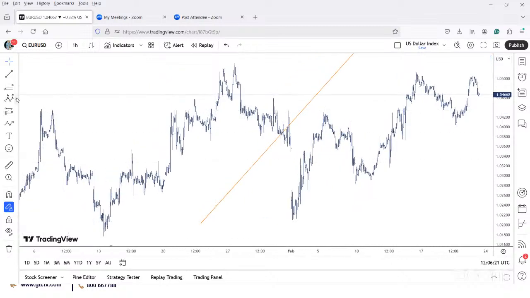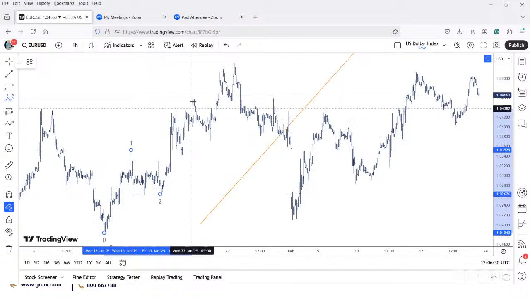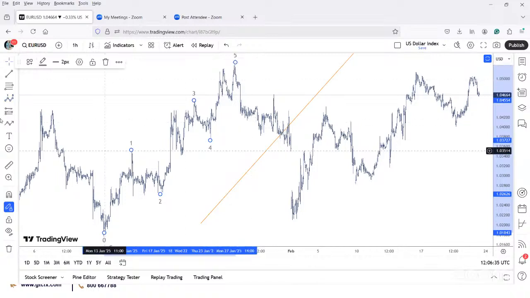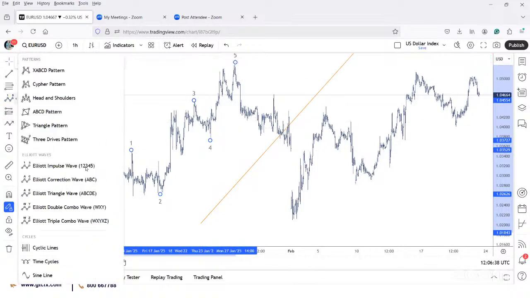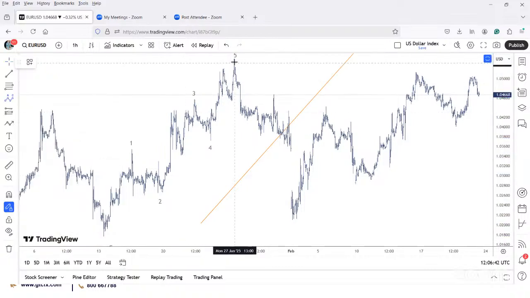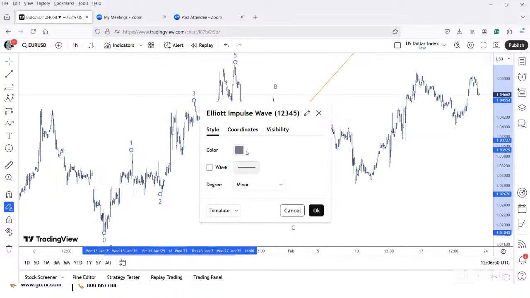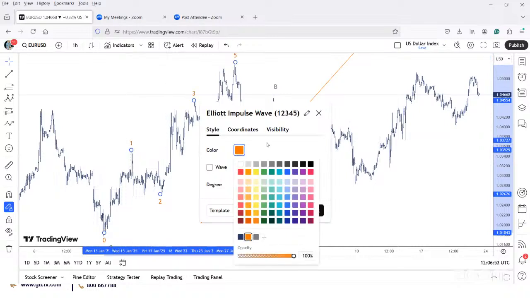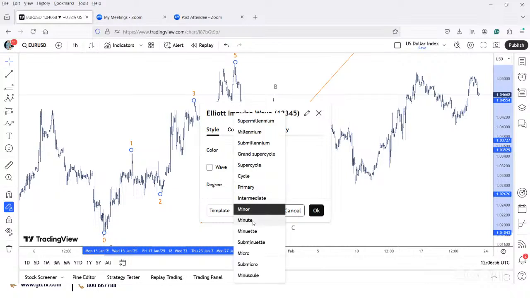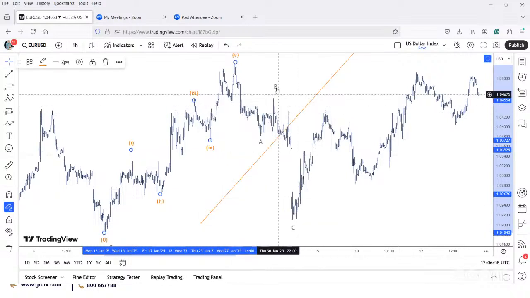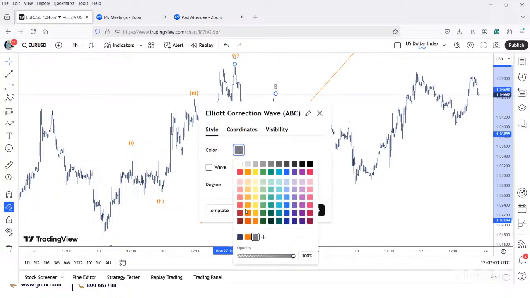The minute degree impulse is clear. I'm going to quickly plot that. And it's also followed by a corrective. I'm going to change the degree in a while, please. That is the minute impulse followed by a minute correction.